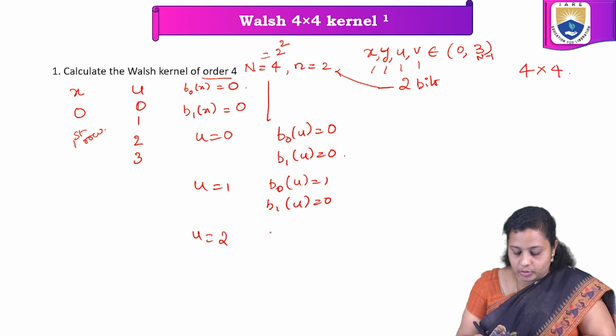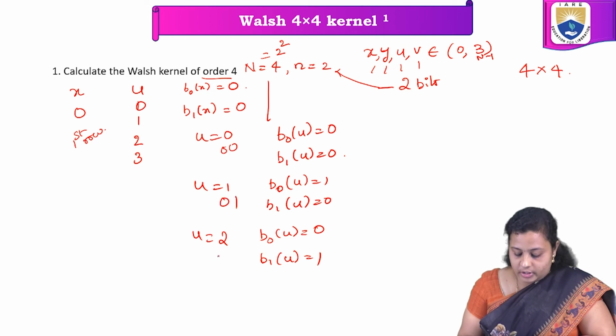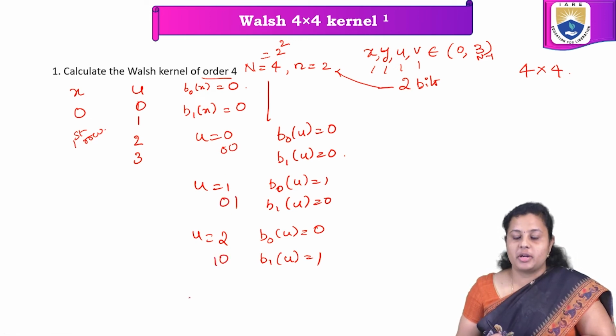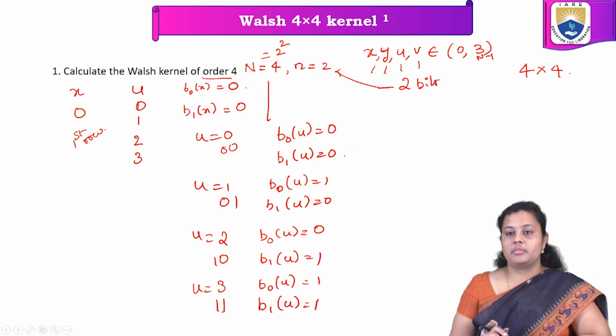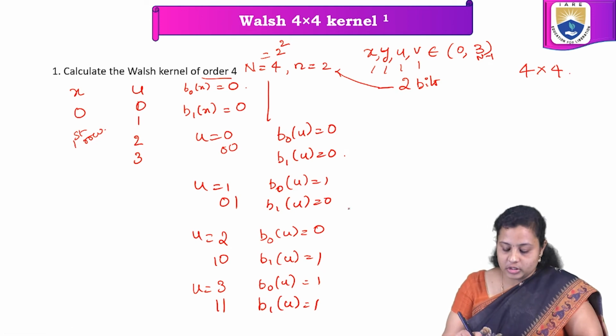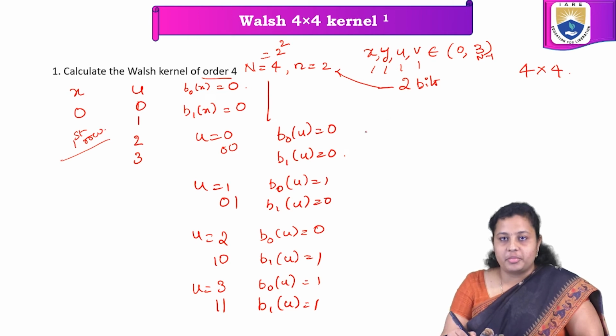When u equal to 2, b0 of u is 0, b1 of u is 1, since 0 is represented by 0 0, and 2 can be represented by 1 0. When u is equal to 3, b0 of u is equal to 1, b1 of u is equal to 1, since 3 can be represented by the value 1 1. So using these combinations, I can calculate my first row of my Walsh kernel.